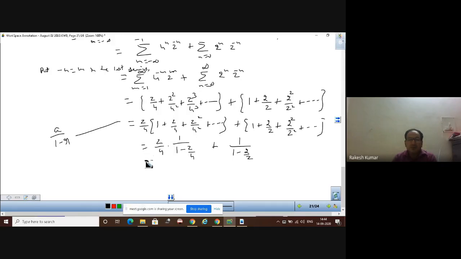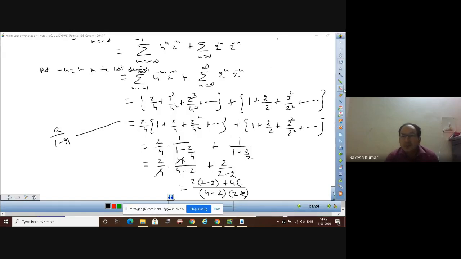So what will it come out to be? z over 4, and after taking LCM, this will be 4 upon 4 minus z, plus z over z minus 2. So 4 will be cancelled, and you can take the LCM now: 4 minus z and z minus 2. So ultimately that is z into z minus 2 plus 4 into, it should be z, not 4.